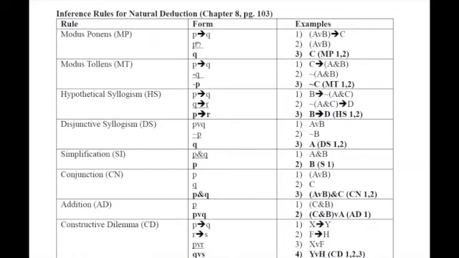So in all these inference rules, the conclusion will appear somewhere in the premises. It won't be asserted as true in the premises, but it will appear somewhere in the premises.